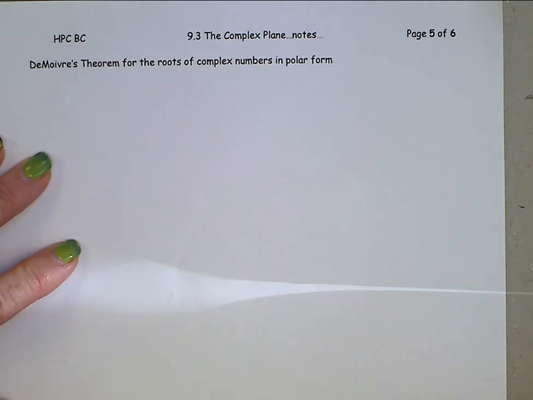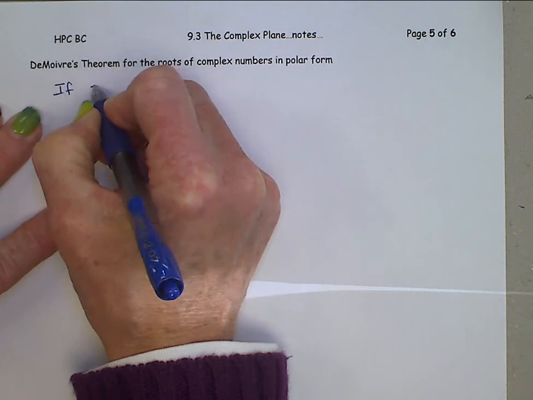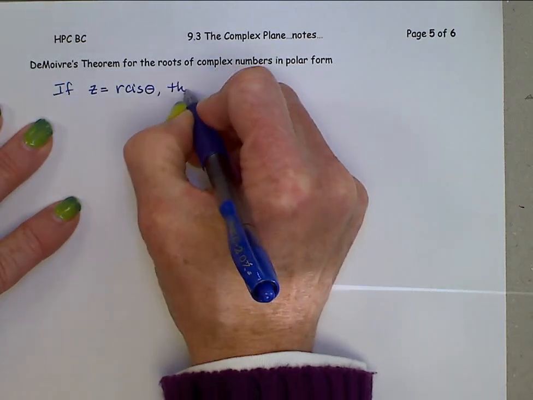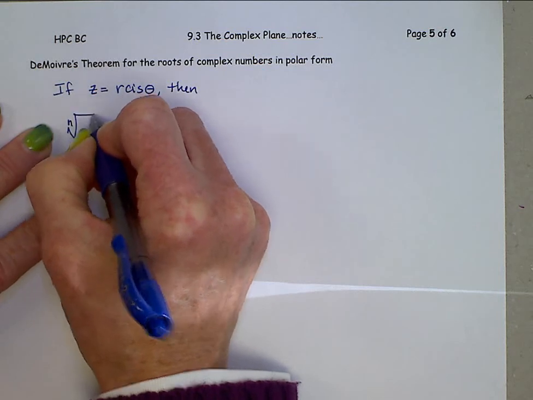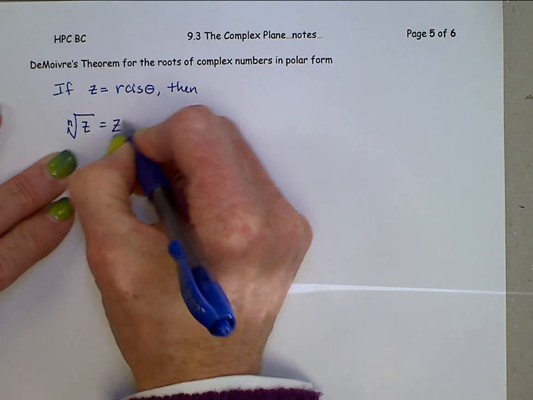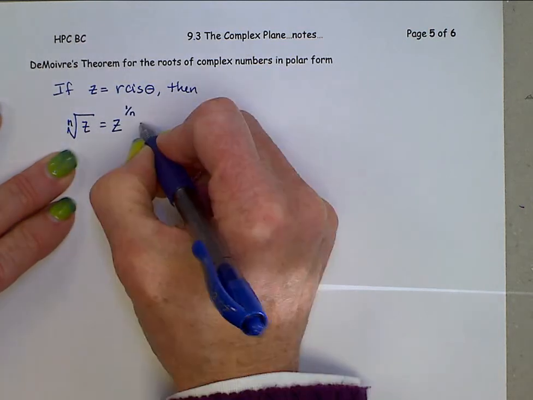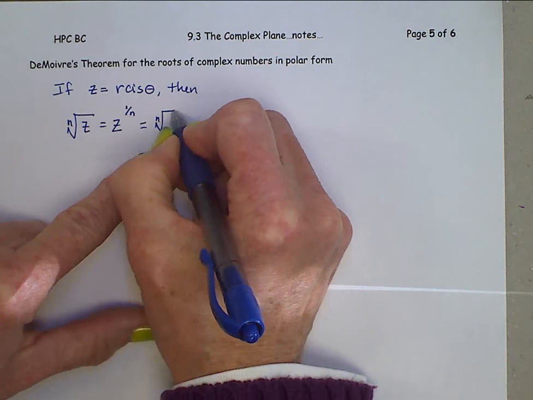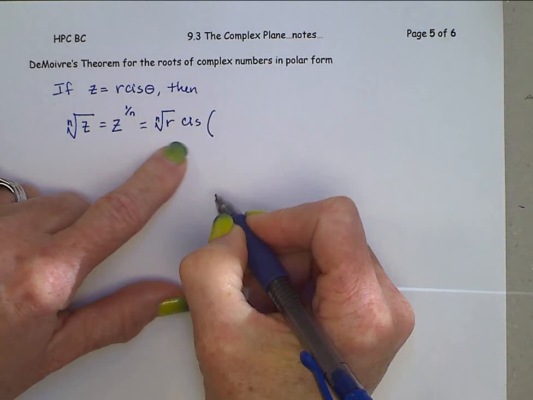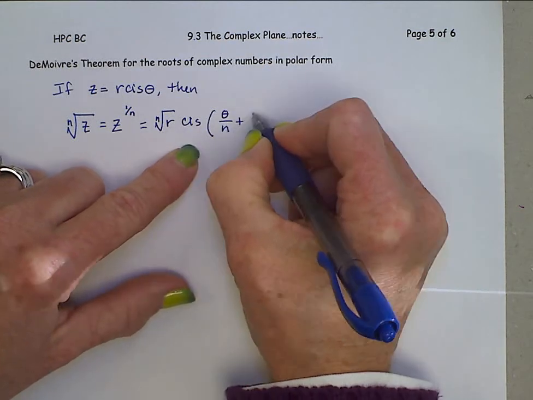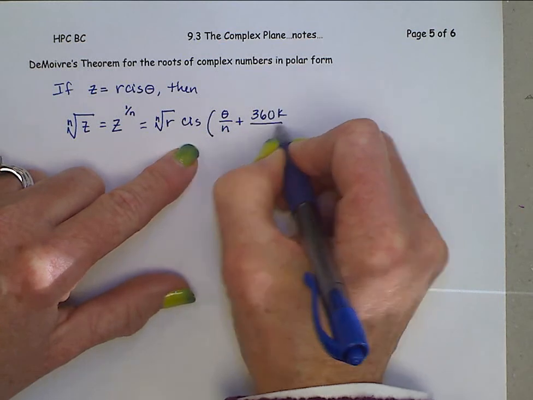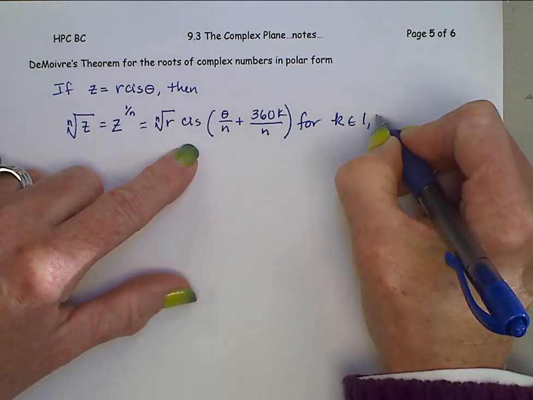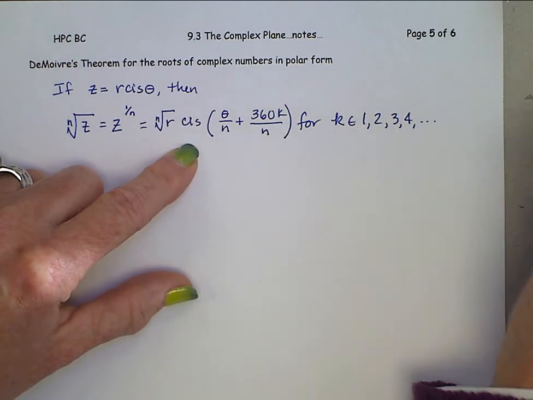His theorem says if z is equal to r cis theta, then the nth root of z, which is z to the 1 over n, is what we're going to get by taking the nth root of r, cis, theta over n plus 360k over n, for k an element of 0, 1, 2, 3, etc., all the way on down to n minus 1.